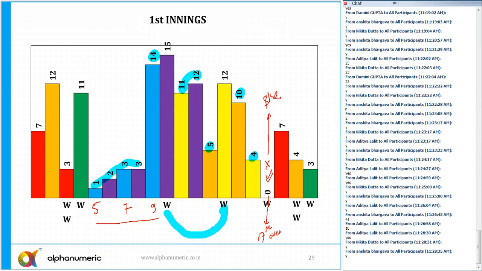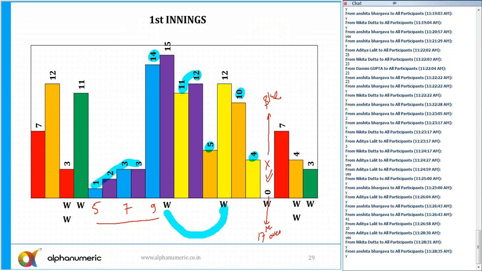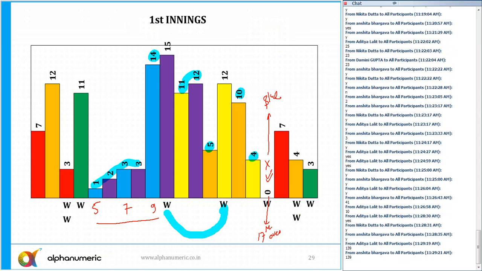What is the total value coming out to be here? 139.